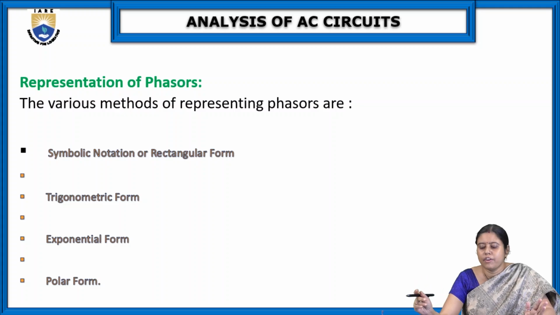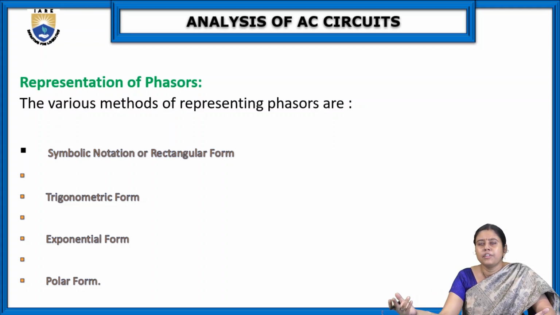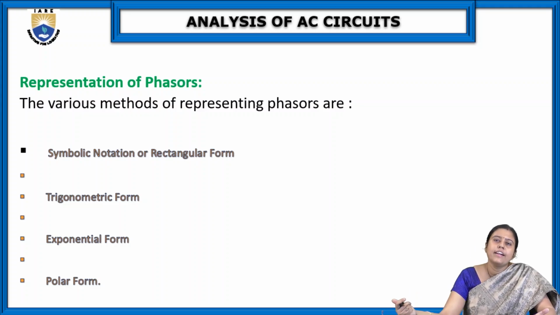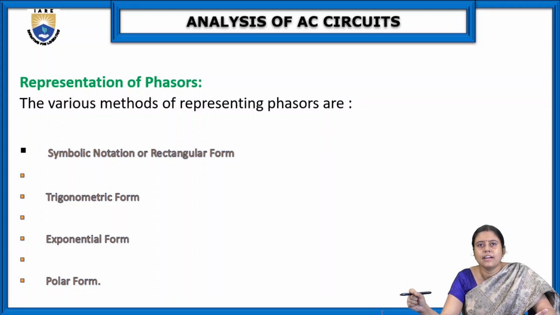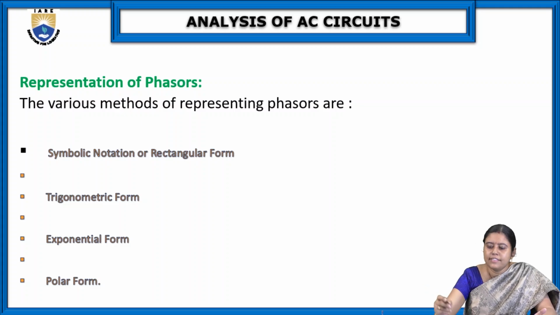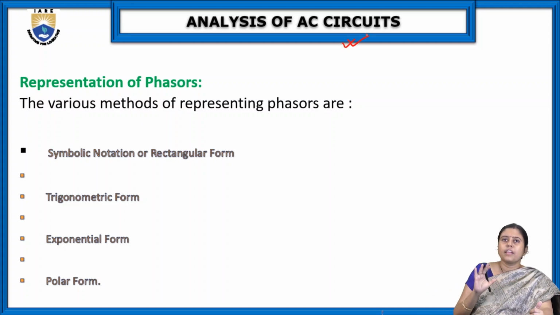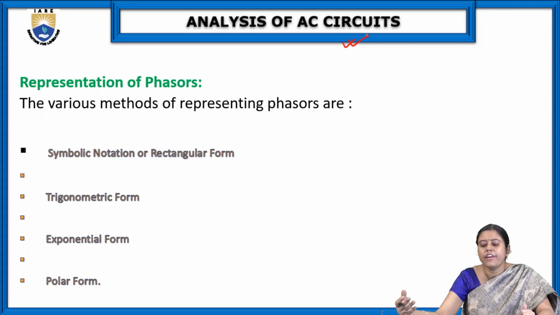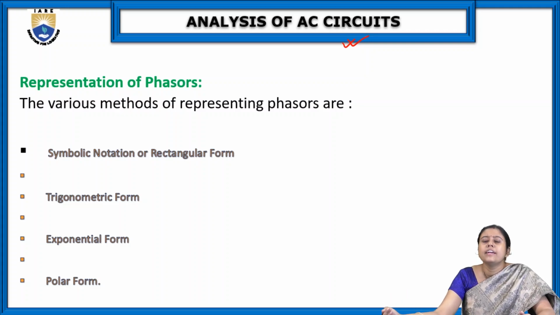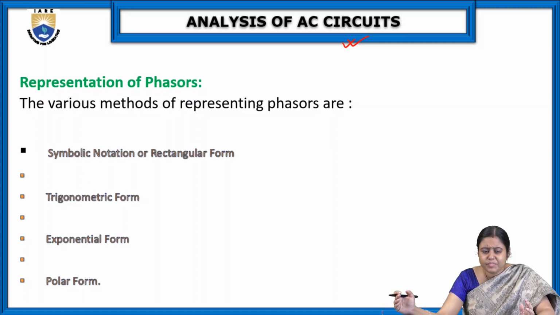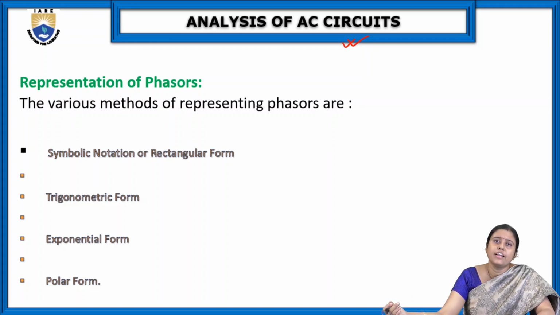Already we discussed the phasor and the J operator. As we are emphasizing AC circuits, we will discuss the various methods of representing phasors. Remember, as we use AC in our daily life, the main application of electrical engineering is in AC.